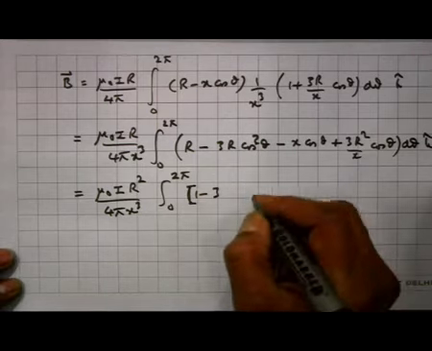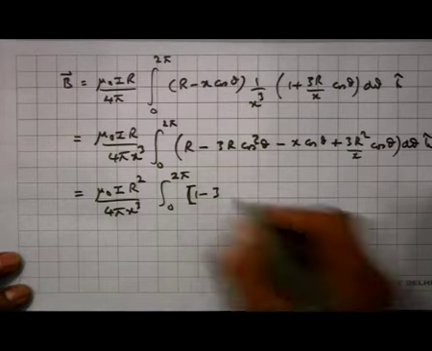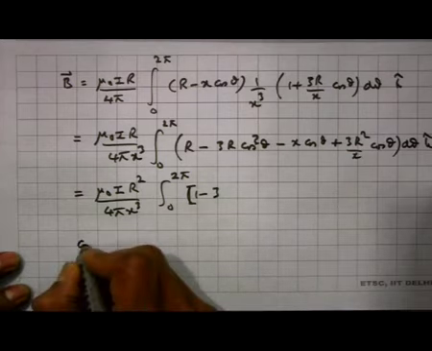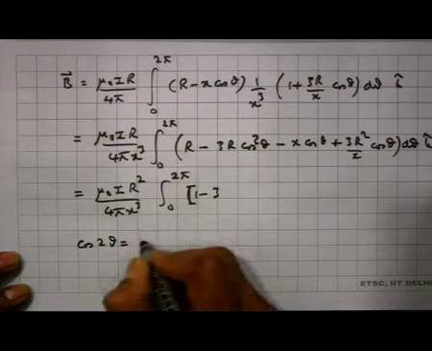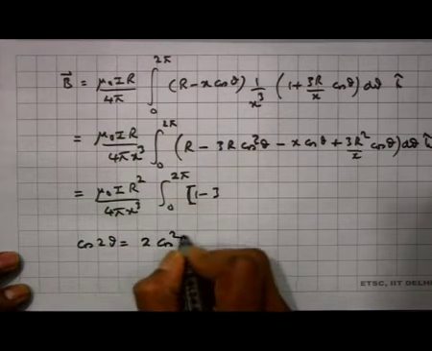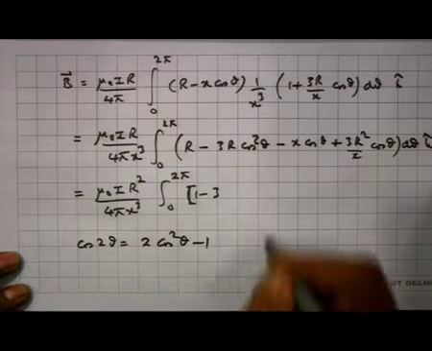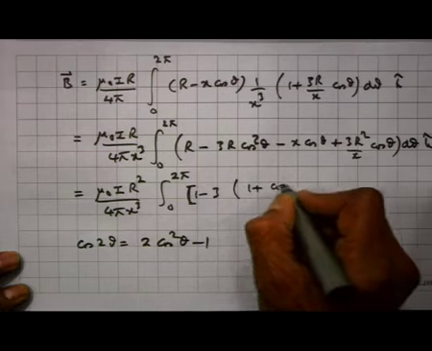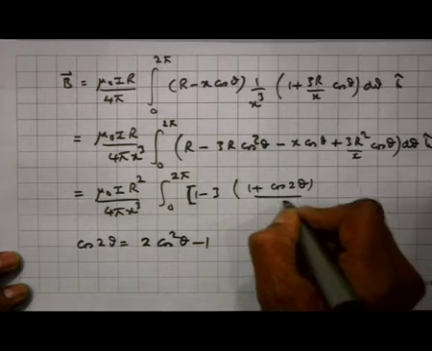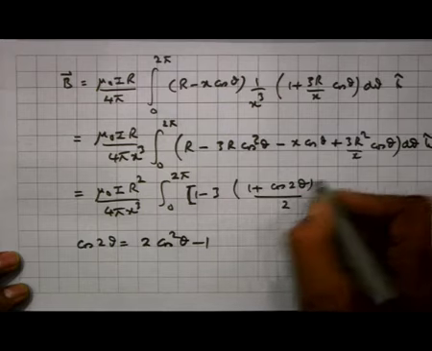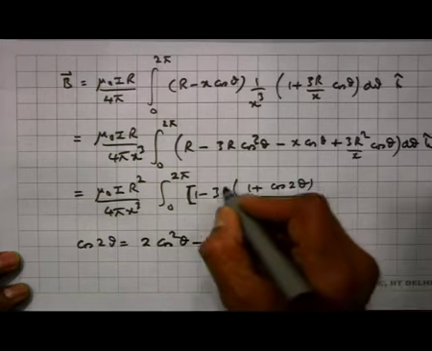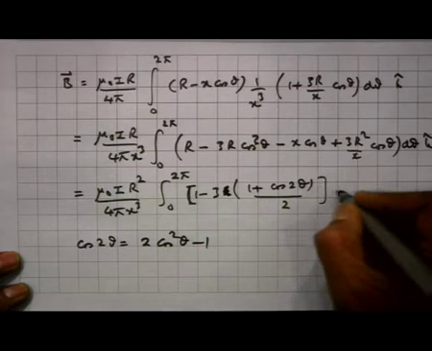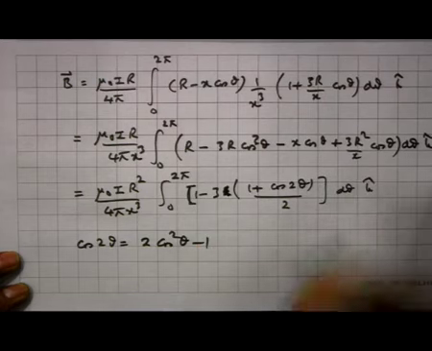So, cos square theta is (1 plus cos 2 theta) by 2.